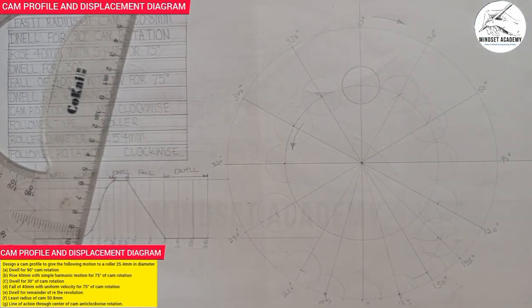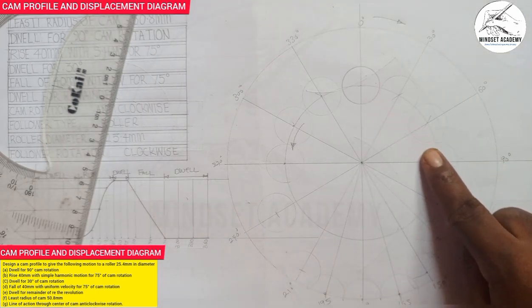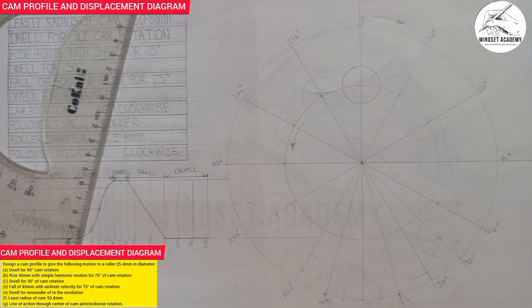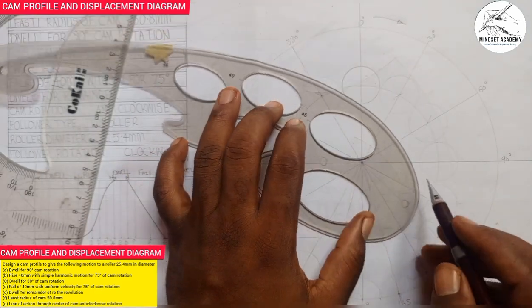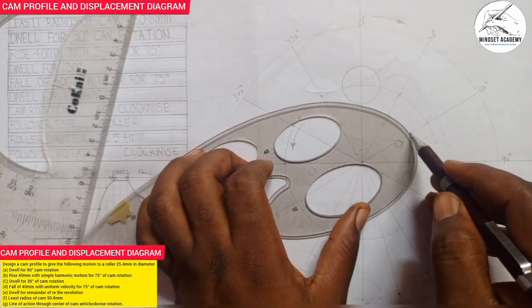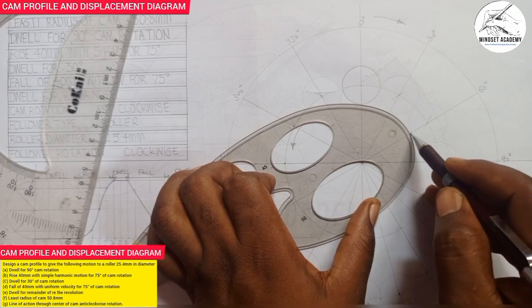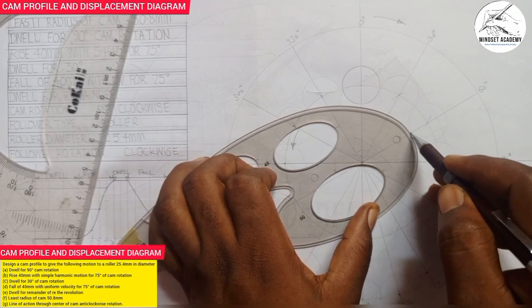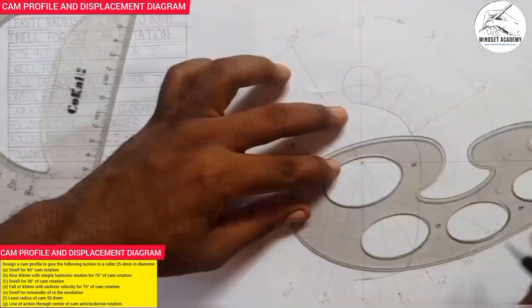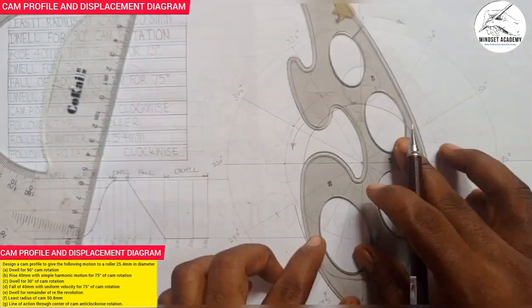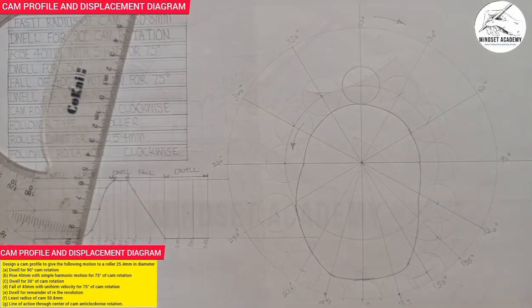So I'll use my French curve and I'll join all these, tangential to the rollers at the base, right? So let's do that and see. So from this point, we'll join it. So this is what we have here in terms of drawing.